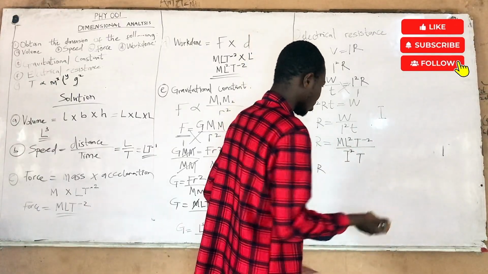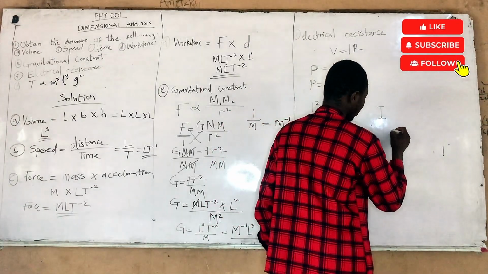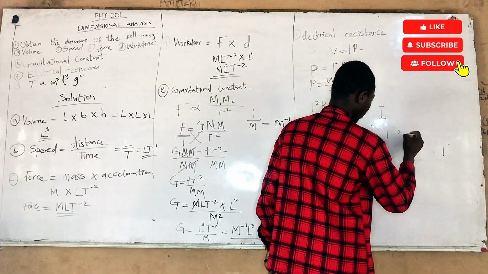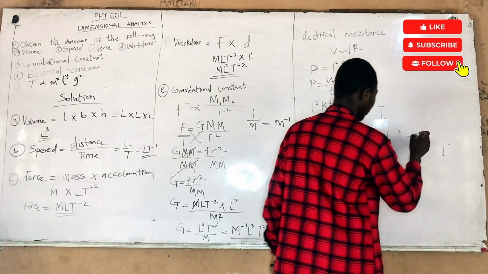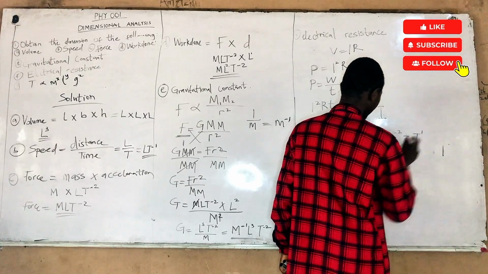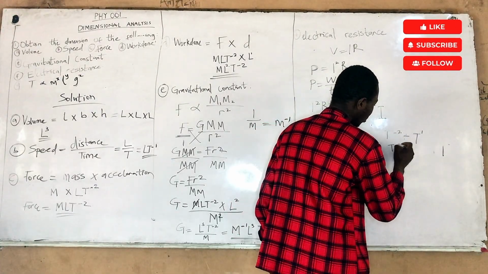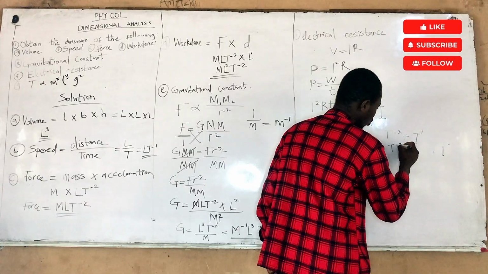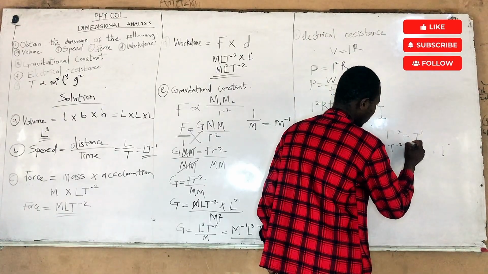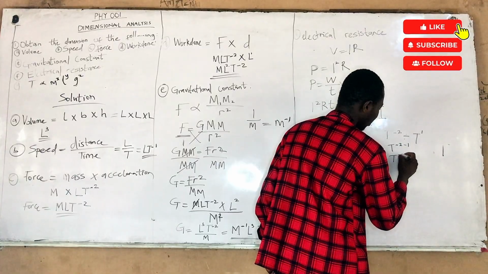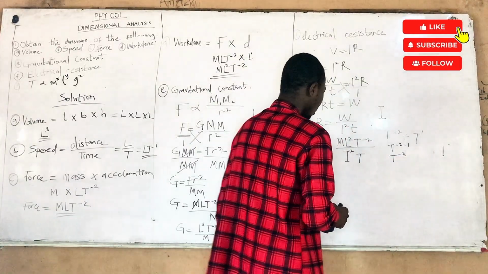That means it will be like T raised to minus 2 divided by T raised to 1, because there's an invisible one here. So we are having T raised to minus 2 minus 1. That means we are having T raised to minus 3, right?